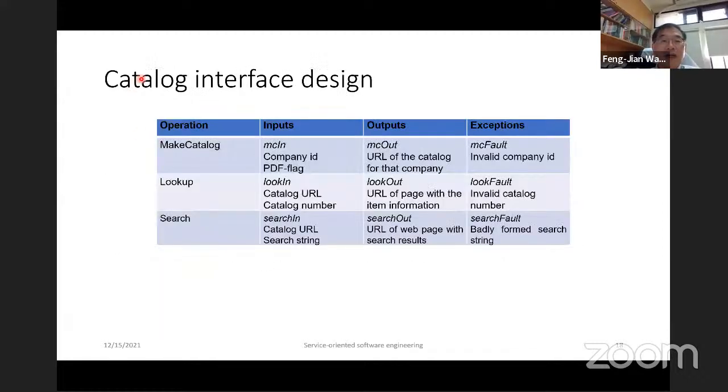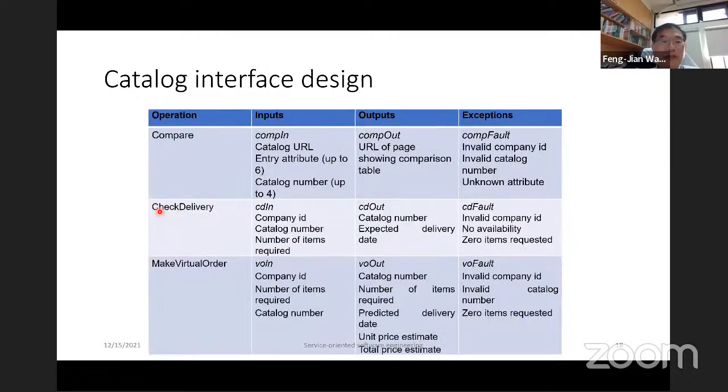And now for the catalog interface design, based on the catalog, we need operations like make catalog and allow the consumer to look up and search. In the interface, the consumer can do the comparison.